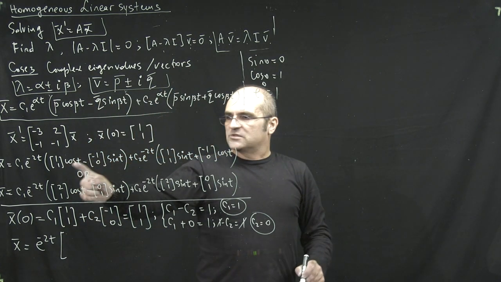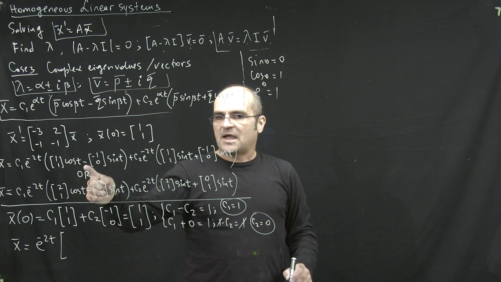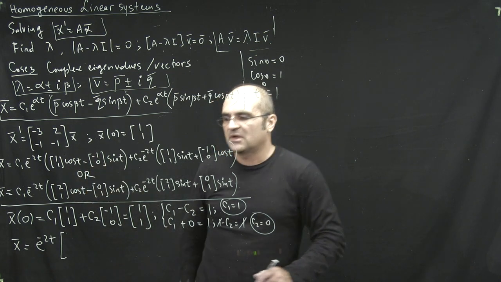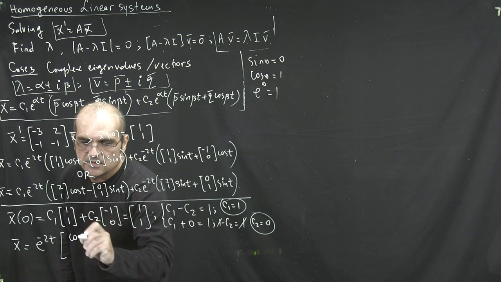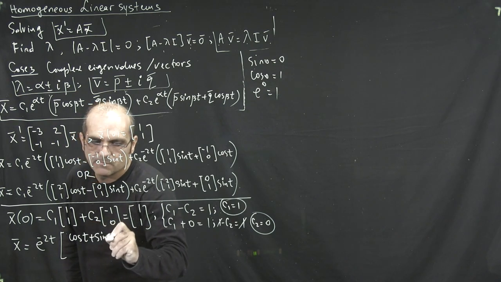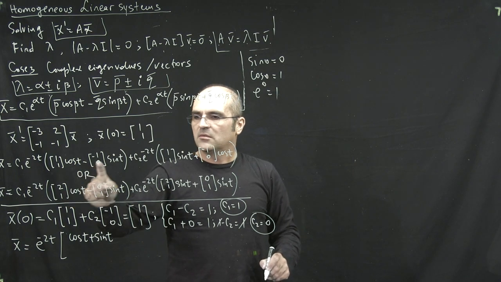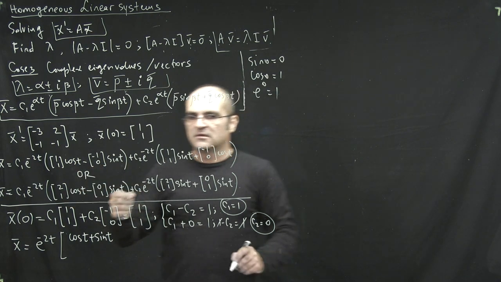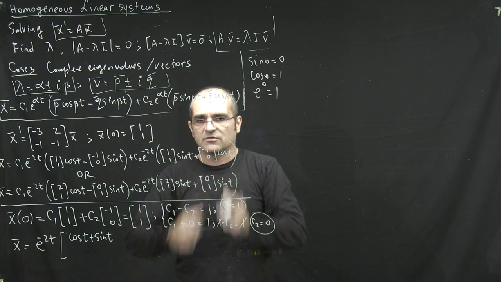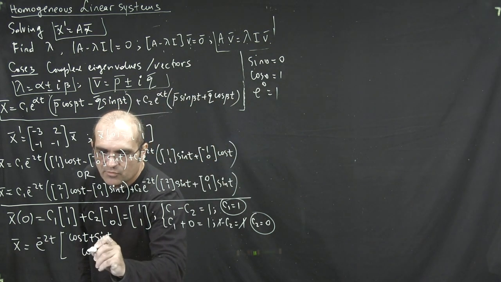The first component is 1 times cosine minus -1 times sine, so that becomes cosine of t plus sine of t. And the second component is 1 times cosine minus 0 times sine. That's scalar multiplication and addition of matrices. So the second component is cosine of t.